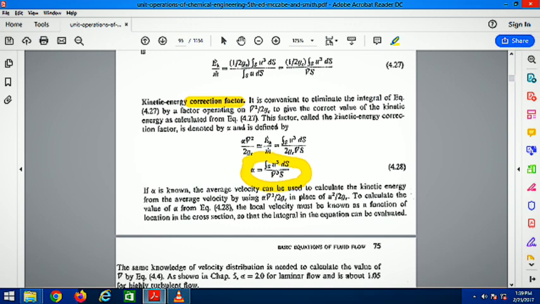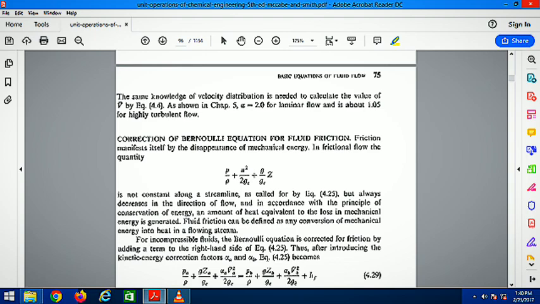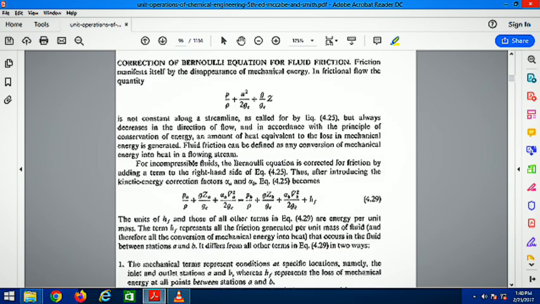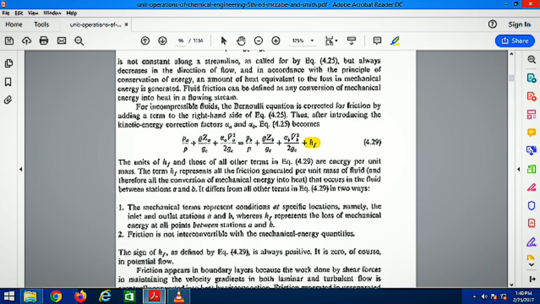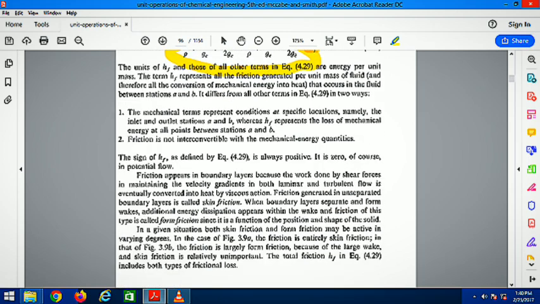I've said it is (u by u bar) to the power cube, unlike the momentum correction factor where we have seen it is square. So if friction HF is added as a correction to Bernoulli's equation, then the equation looks like this.